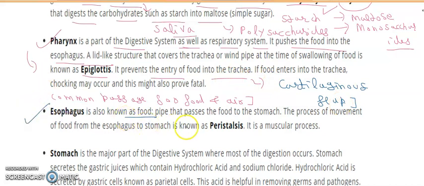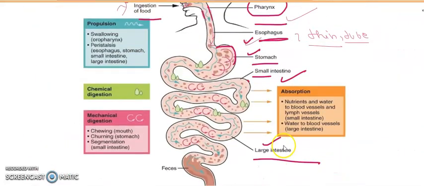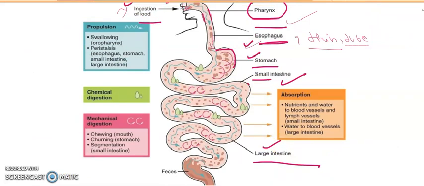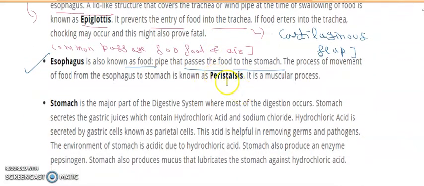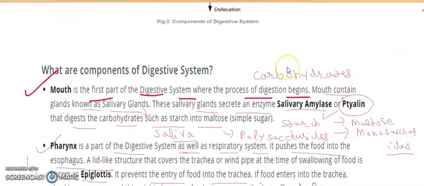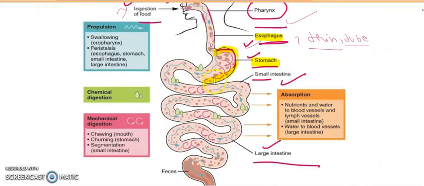Next is the esophagus. The esophagus is also known as the food pipe that passes the food to the stomach. Before the esophagus there is the pharynx, then a tube-like structure which is the esophagus, then the stomach, as we can see here. Food will be passed down from the esophagus to your stomach.